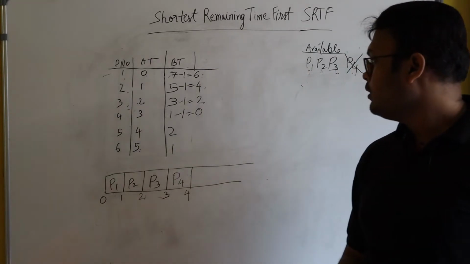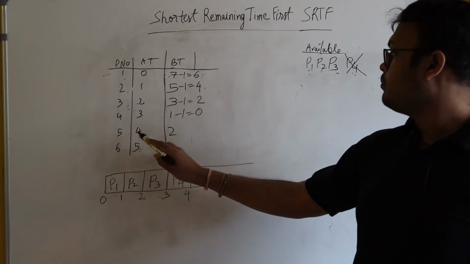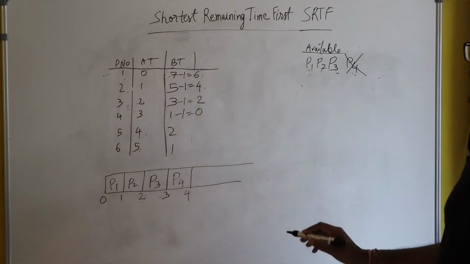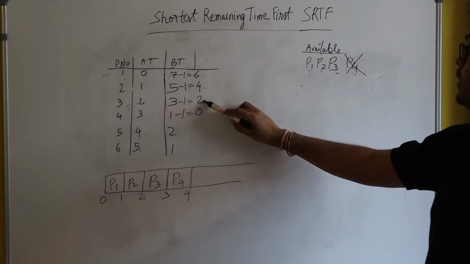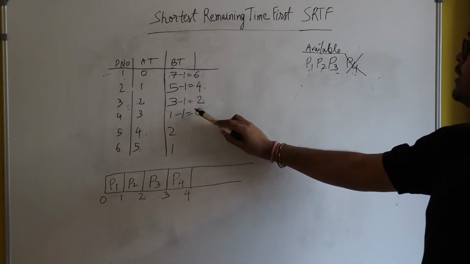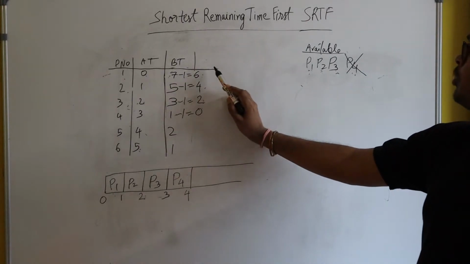Now you see at t equal to 4 seconds, which process came? P5 came. So what are the available processes? P1, P2, P3. Don't count P4 because P4 has already executed its burst time. So what are the available processes now?